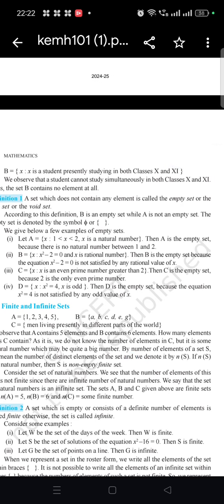Let A be a set where x is an element of this set and x is such that 1 less than x less than 2 and x is a natural number. So x lies between 1 and 2. Then A is an empty set. Why? Because there is no natural number between 1 and 2.